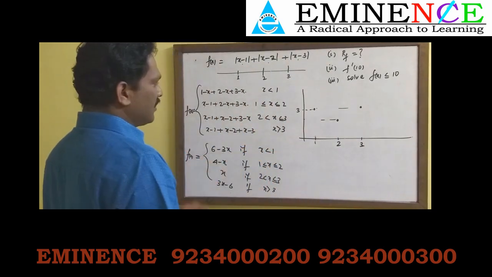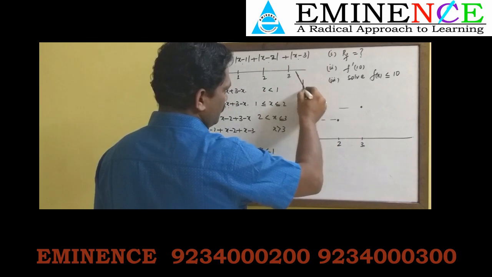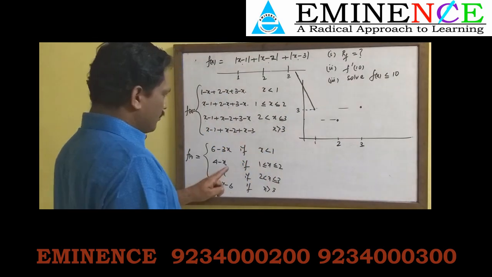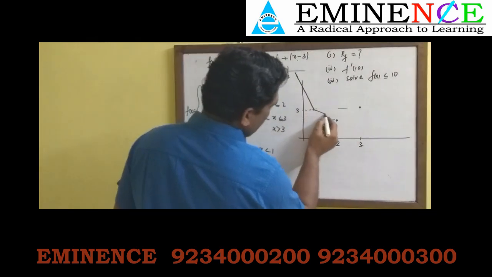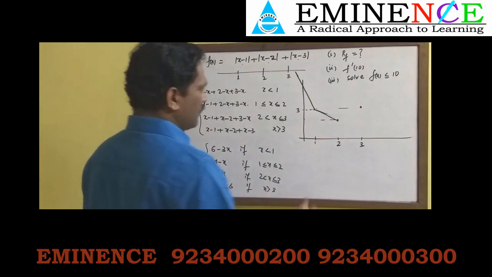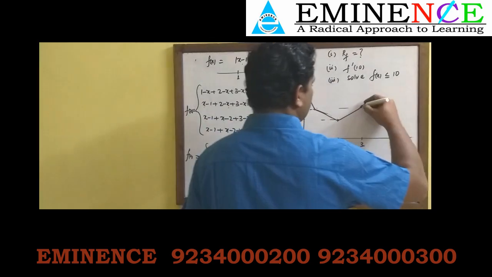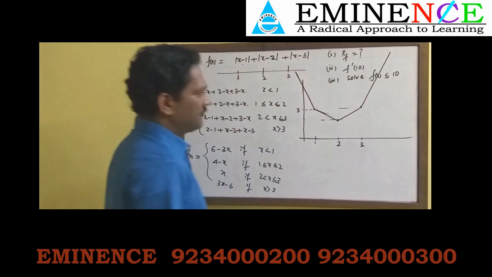Now, 6 minus 3x, that means a line like this. Then 4 minus x, that means a straight line having negative slope like this. y equal to x will be a line like this. And 3x minus 6, that means again a steep line like this.